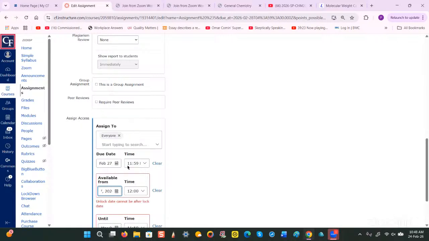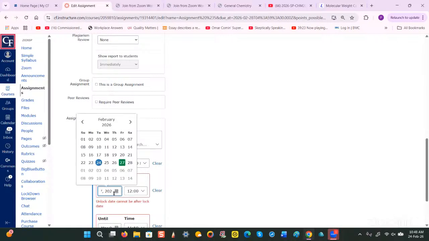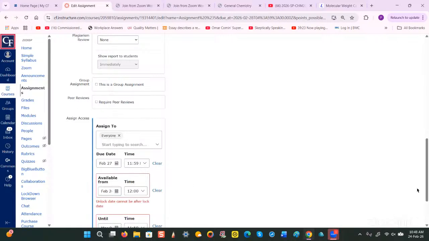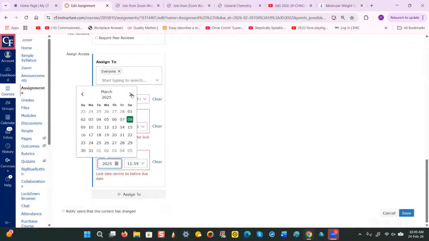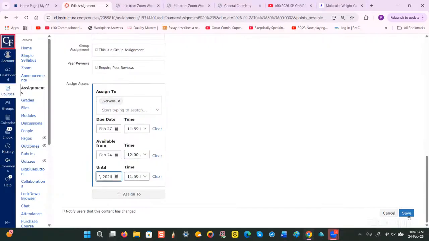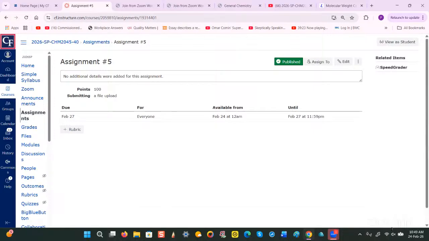So, no, I made a mistake. Hold on. I should do this. And this now will be 27. Okay. So now you should be able to upload your assignment in Canvas by that date. Again, make sure that you do it in ink, make sure that it's submitted as a PDF document. Make sure that you write all your names on top of each page.